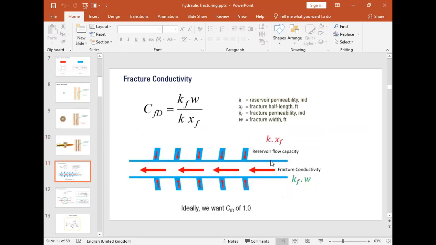All right, so this is our hydraulic fracture that we have created. From there, we can analyze what we call the fracture conductivity. The fracture conductivity is calculated by this formula. We have the fracture permeability, because after the hydraulic fracturing exercise, you should be able to get the conductivity of the hydraulic frac, and then you should be able to know the fracture width.